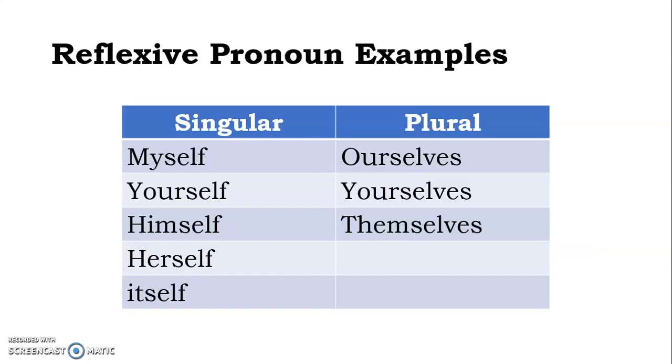Now here there are some examples of reflexive pronouns. For singular, we have myself, yourself, himself, herself, itself. All these words end with self. And for plural number, we have ourselves, yourselves, themselves. You can see all these words end with selves.